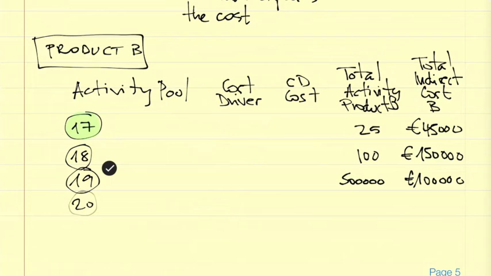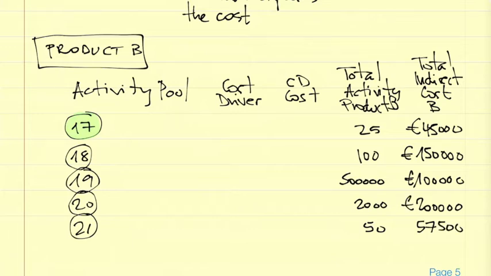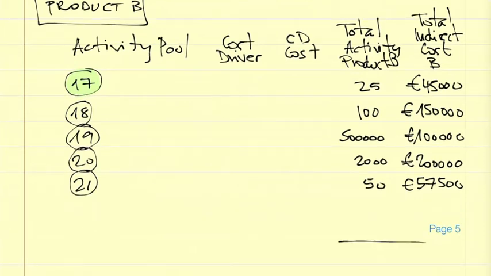Number 20 is 2,000, meaning 200,000. And number 21 is 50. So we have 57,500. This gives a total of 552,500 euros. The rest of the columns are just the same.